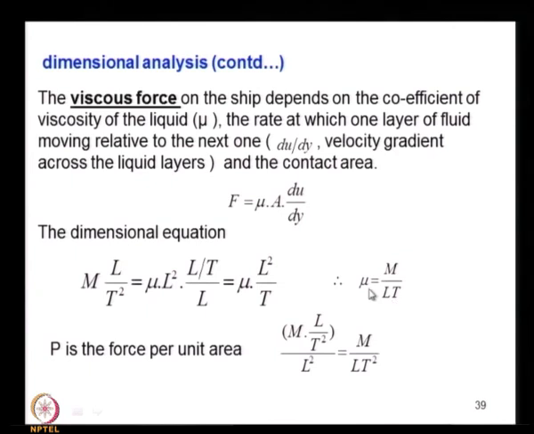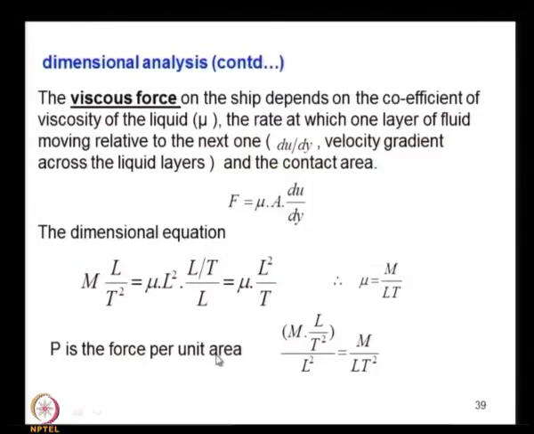That means the unit of mu is kilogram per meter per second, isn't it. So, that is the unit of dynamic viscosity. That is how you derive the units, coming from the basic equation you derive the unit.